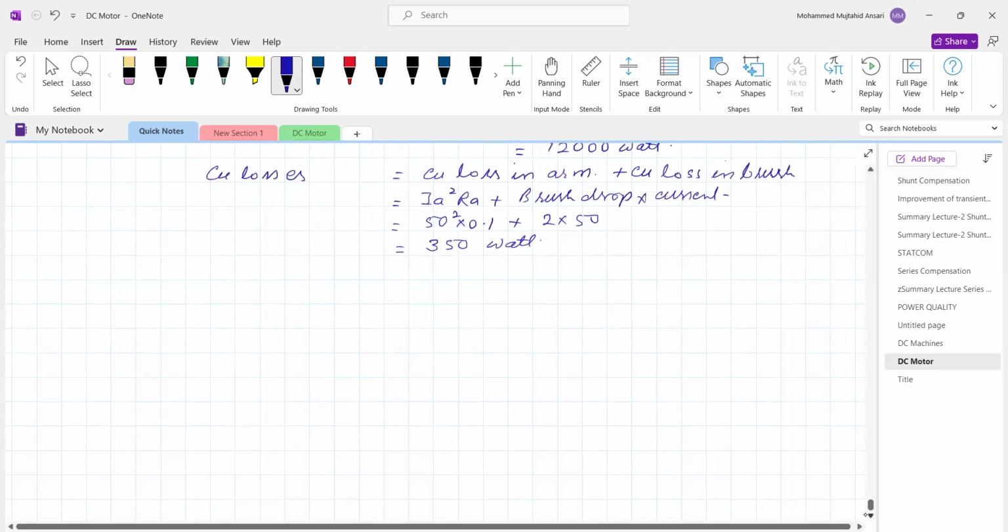Now we know the armature input and the armature copper losses, so we can calculate the rotational losses. Rotational losses is equal to armature input minus Cu loss in the armature itself.